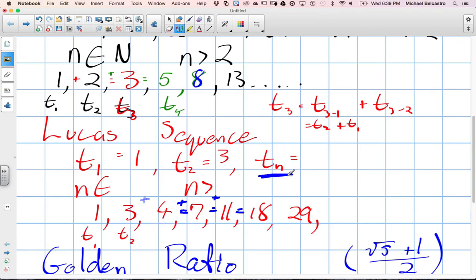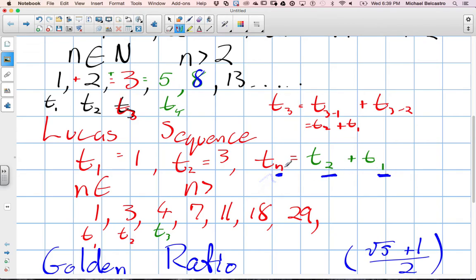How do we write this as an equation? Our new term, T3, is where we start. What did T3 do? It took T2 and T1 and added them together, right? So we can write T2 plus T1. But the problem was this: if we're going to write a formula for a recursive sequence, we refer to the nth term, and that means these can't be defined as specific numbers.